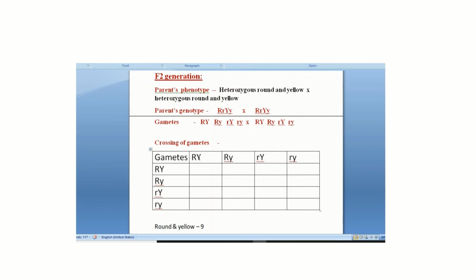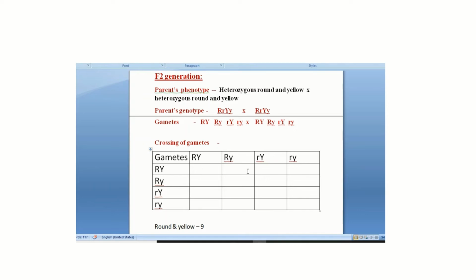You can see crossing. When I am crossing them, round and yellow, round and green, wrinkled and yellow, wrinkled and green. Similarly, round and yellow, round and green, wrinkled and yellow, wrinkled and green. Now when we cross them, follow the cursor here, this gamete, you need to cross with all these 4.